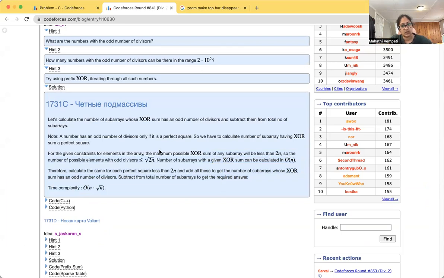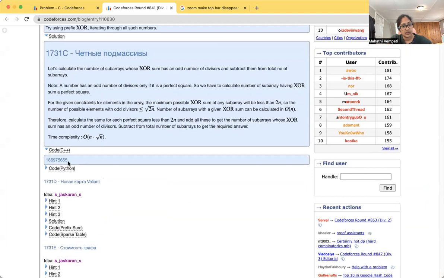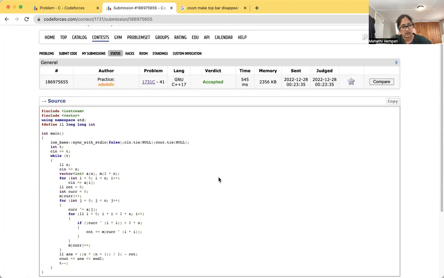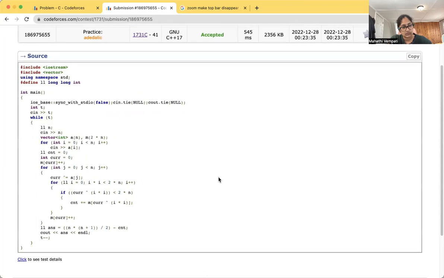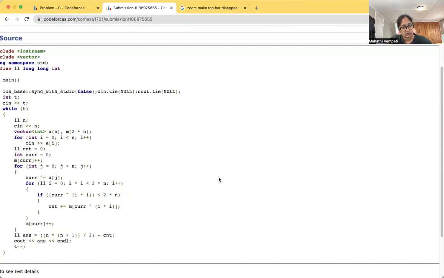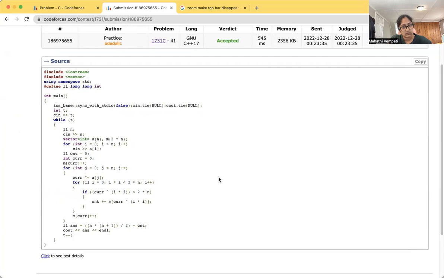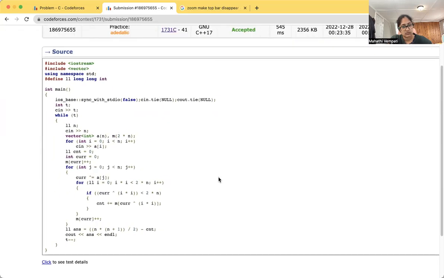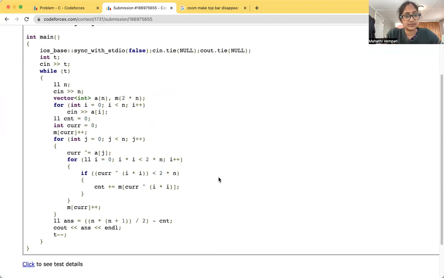Wait, it's obvious how number of subarrays with a given XOR sum can be computed in O of n. How do you do that? Let's see.